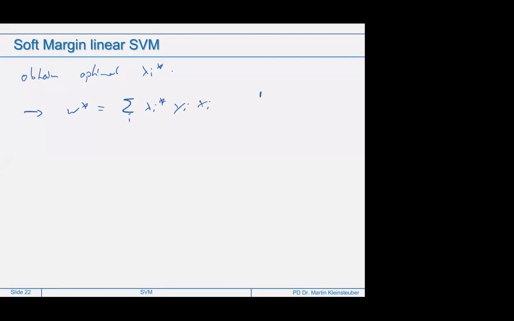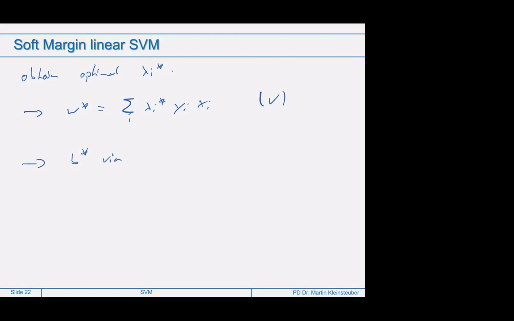So we get the optimal parameters W star, okay? And we get our B star via the equation that we had here.